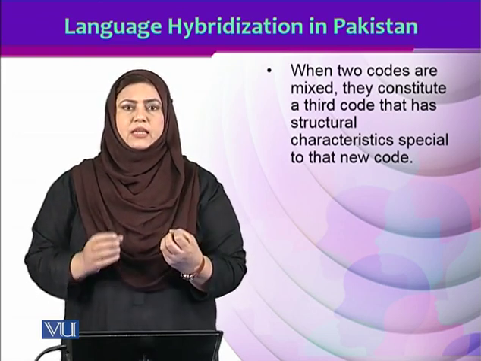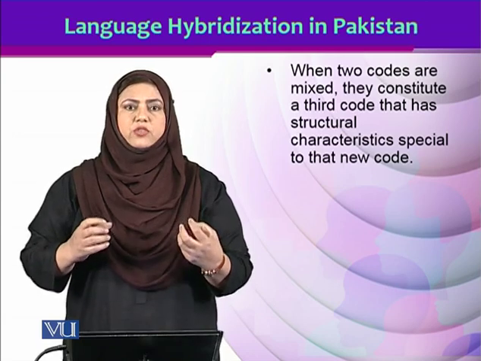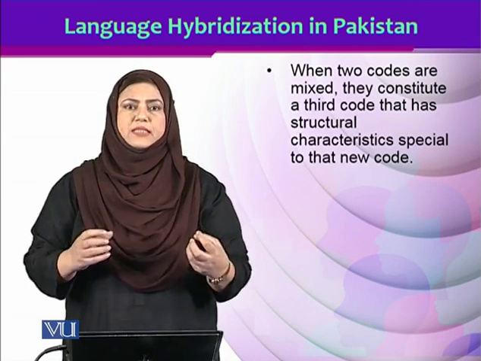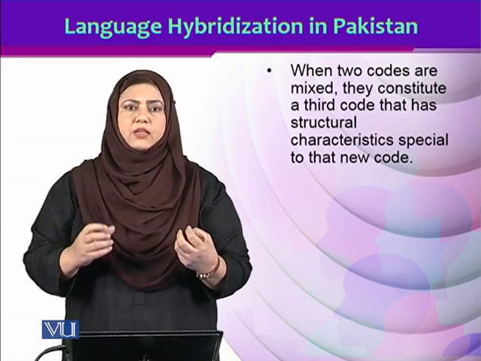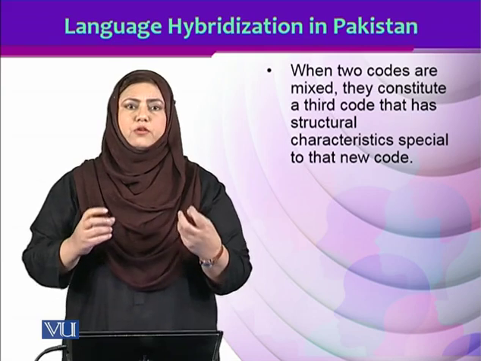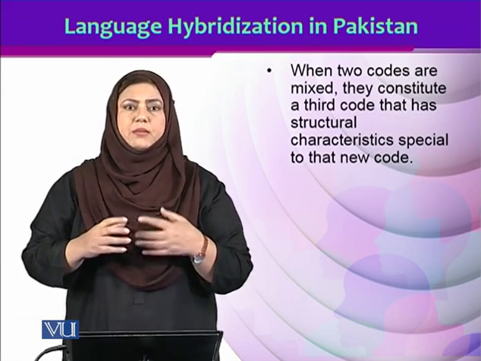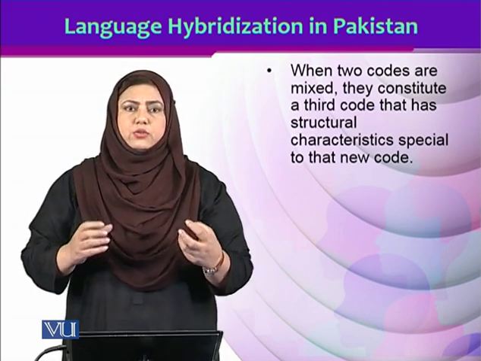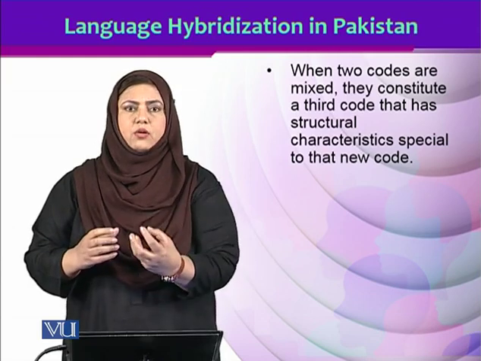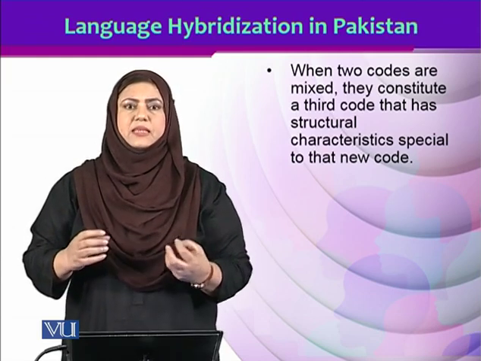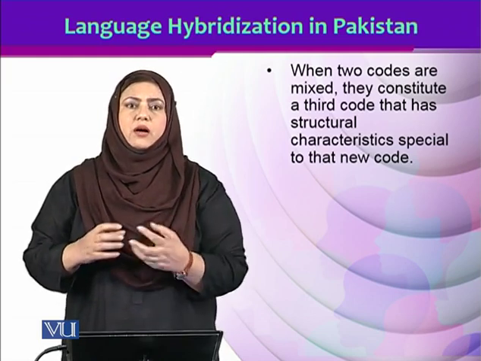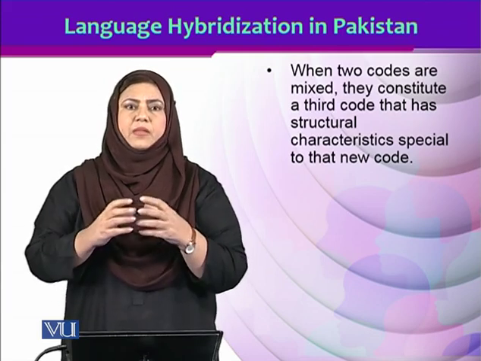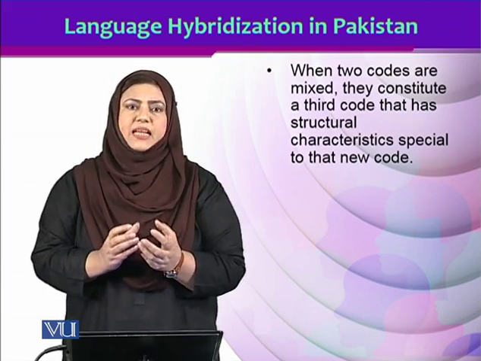If there is language A and language B, and the people who use both of these languages know both and mix them frequently through mixing and switching processes, to the extent that a third code out of A and B is generated, a third language variety emerges. That third variety is a hybridized code or a hybridized language.